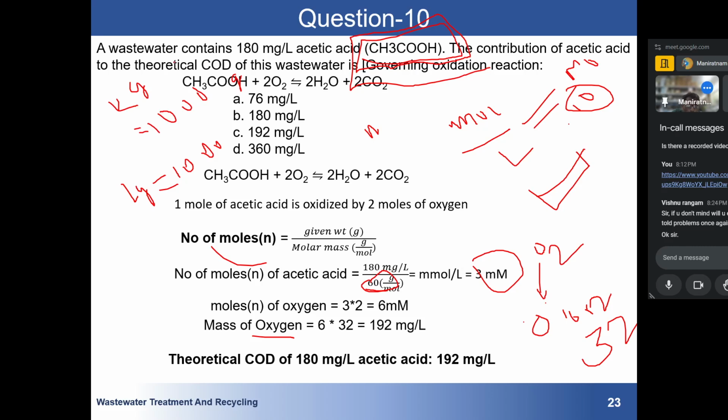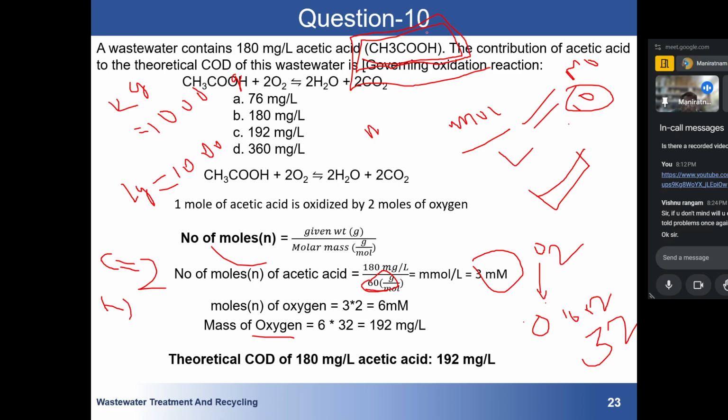Are you following? How many carbons are there in my formula? Two carbons. How many hydrogens are there?